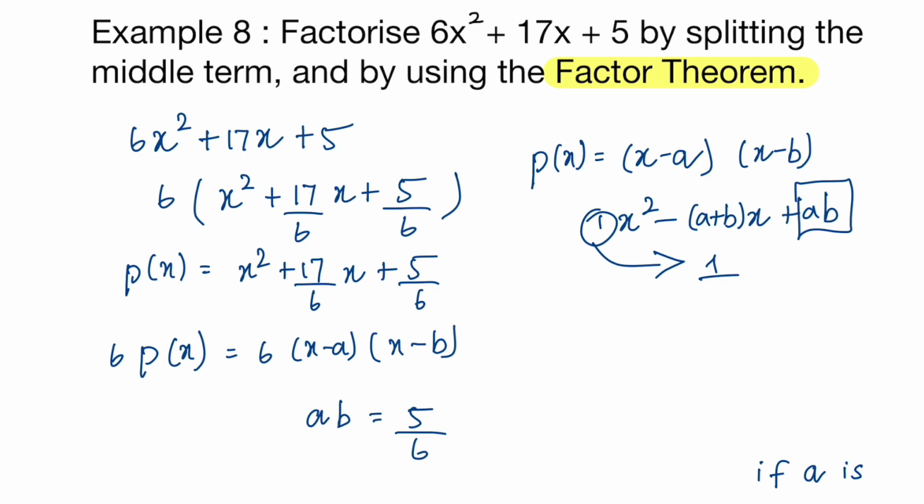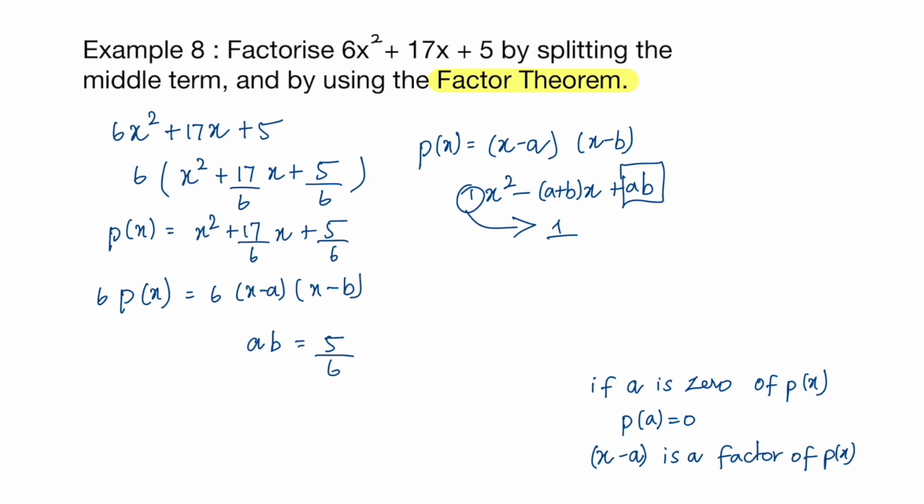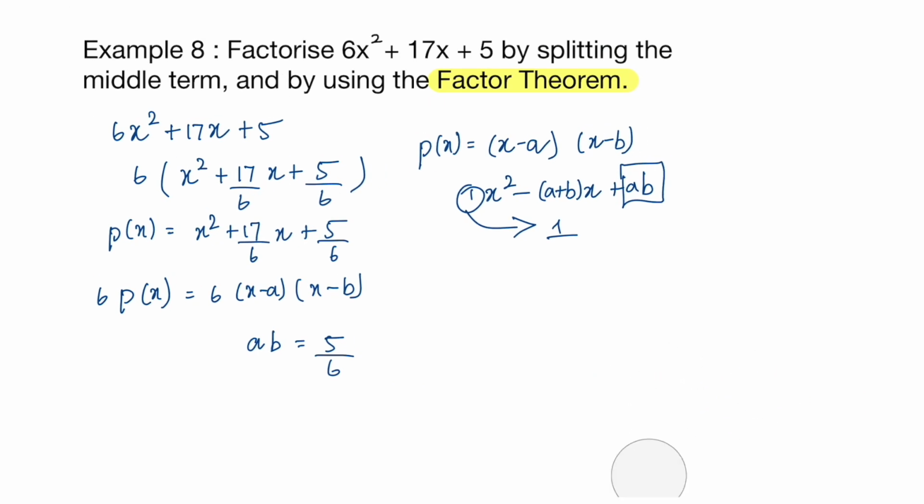You have to find its factors. Let me just erase this, we don't have enough space. So we are going to find the factors of 5 by 6. Why is that? If the product of two numbers is 5 by 6, a and b should obviously be factors of 5 by 6. That is very basic logic.